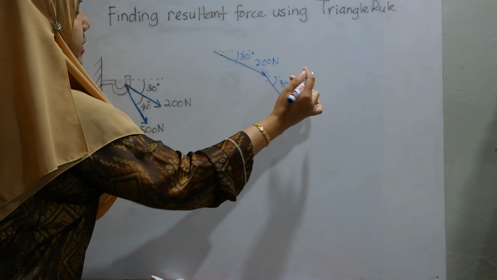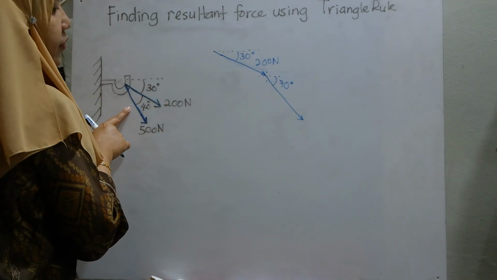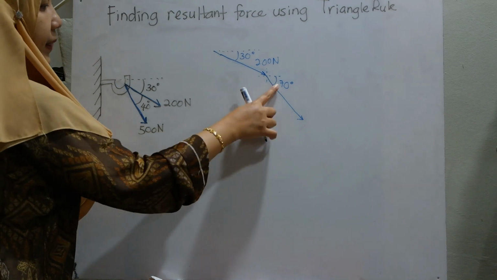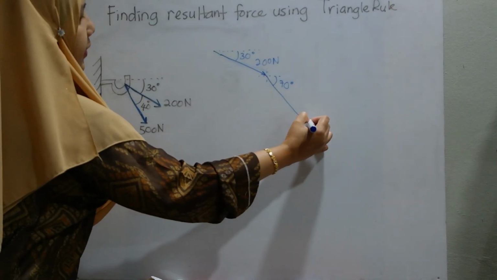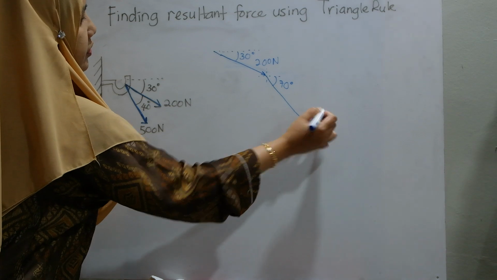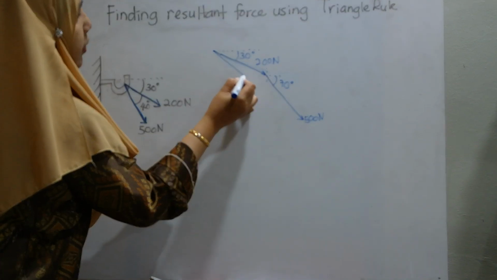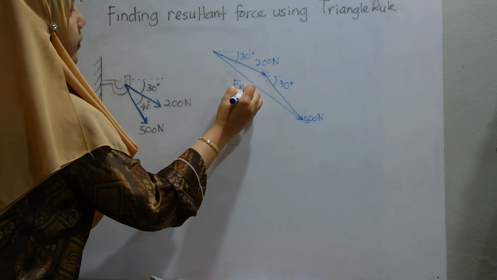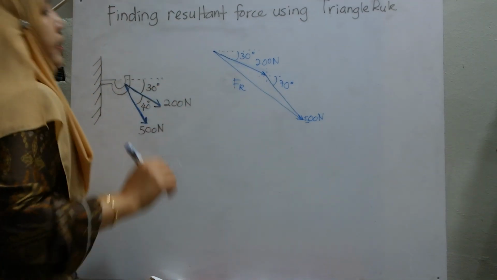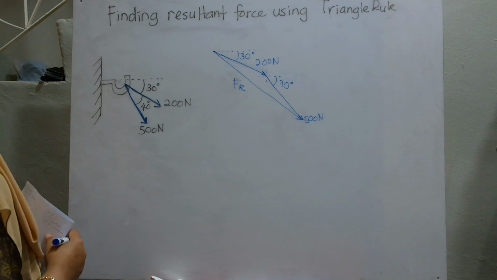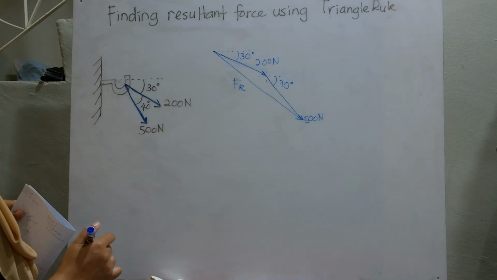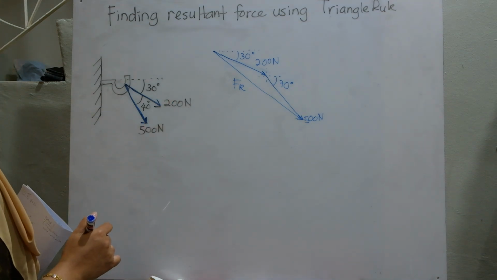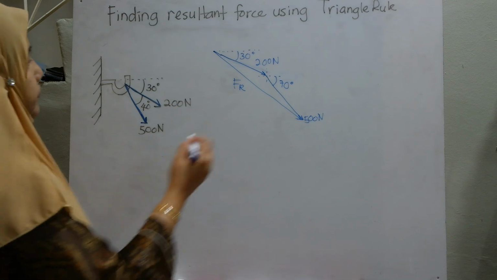This one is 70 degrees because 30 plus 40, so you get 70 degrees with the 500 Newton force. Now this is how our resultant force looks. We need to find the resultant force and also its angle, so we need to use the triangle rule.